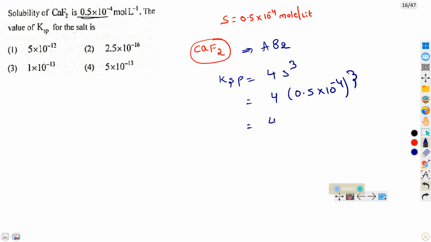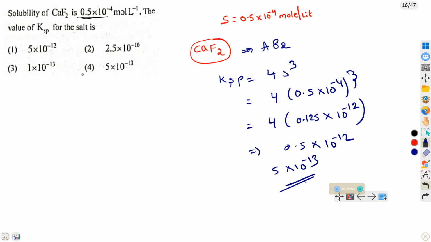Simplify 4 into 0.5 whole cube value, 0.125 into 10 power minus 12. Simplify, then 0.5 into 10 power minus 12, or 5 into 10 power minus 13. Based on that, fourth option correct.